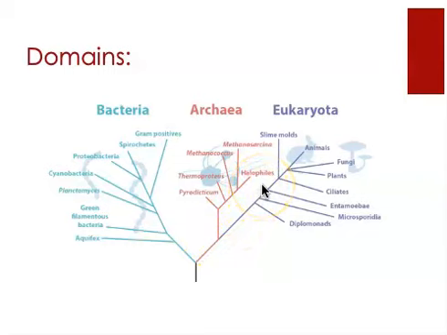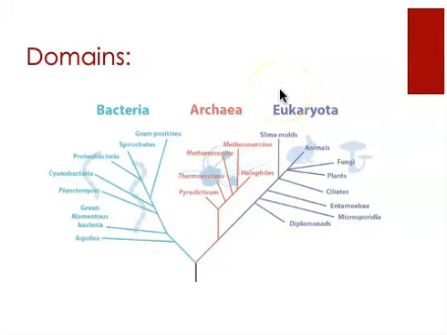In other words, the way you would read that on a phylogenetic tree is that the archaea are more closely related to the eukarya than they are to the bacteria. The bacteria evolved first, followed by the archaea, followed by the eukarya.